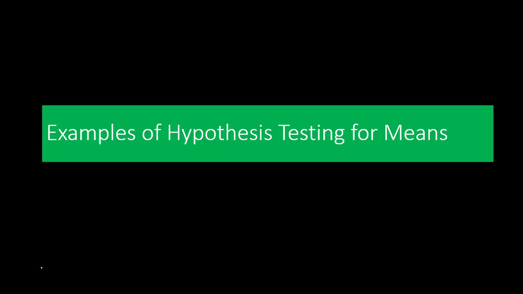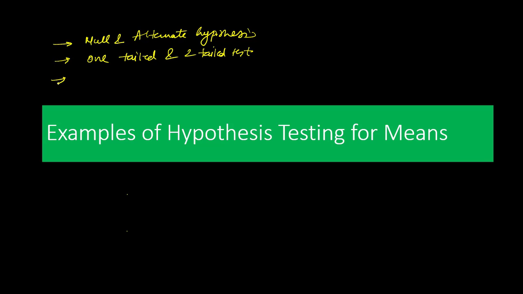Till now in the lecture series on hypothesis testing we have discussed how to write the null hypothesis and alternate hypothesis. We have also seen the one-tailed and two-tailed test, and we have looked at the level of significance and level of confidence.